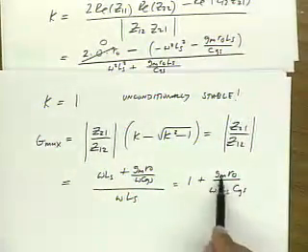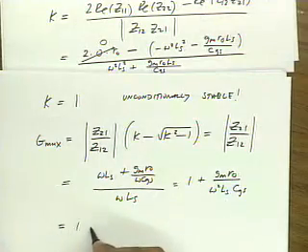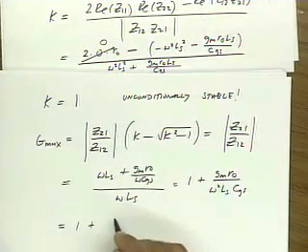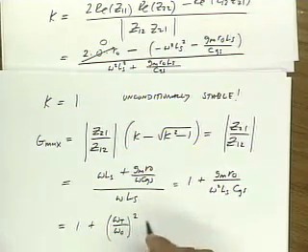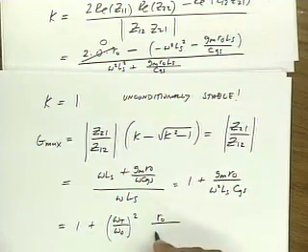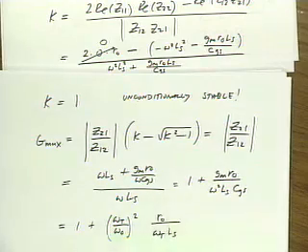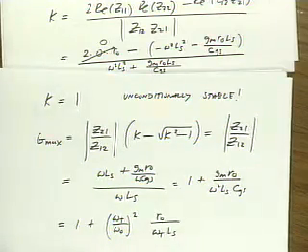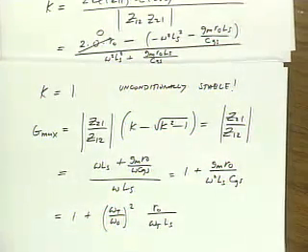And I can substitute for gm over Cgs, so I can write this as 1 plus omega T over omega naught squared times Ro over omega T Ls. Okay? So this is the maximum gain I can get out of this device.